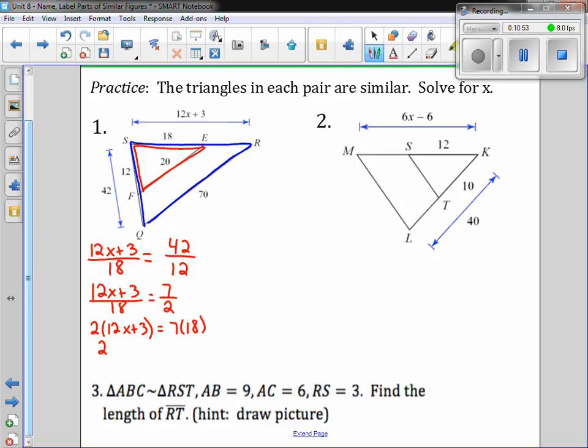To distribute inside my parentheses to get 24x plus 6 is equal to 126. We're going to subtract 6 from both sides and find out that 24x is equal to 120. And now we're going to divide both sides by 24, and we get that x is equal to 5.